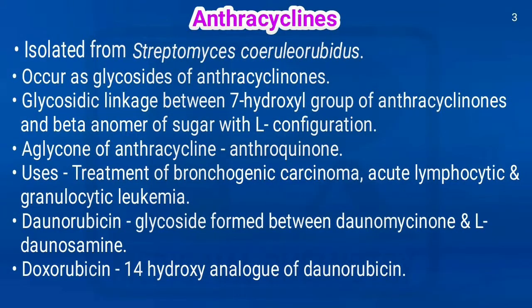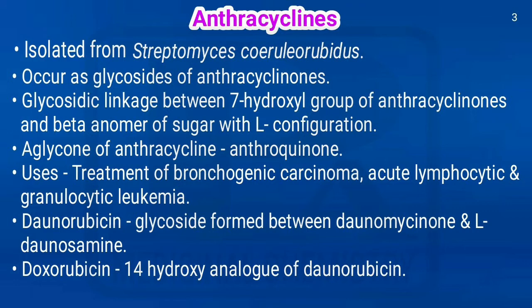The anthracyclines are isolated from Streptomyces caeruleorubidus and they are the glycosides of anthracyclinones. Here already we have seen how the glycosidic linkage is formed, that is between the 7th hydroxy group of anthracyclinone and the beta anomer of the sugar with L configuration. So, what is the aglycone present here? That is called an anthraquinone derivative.